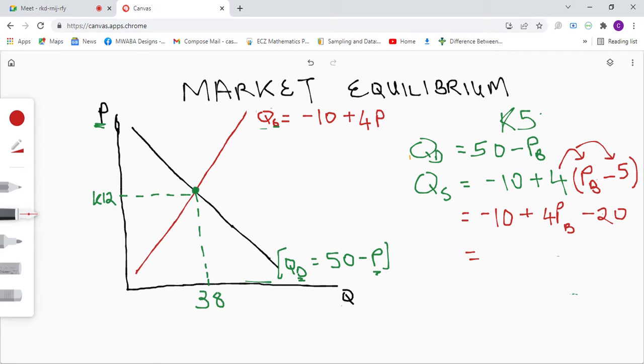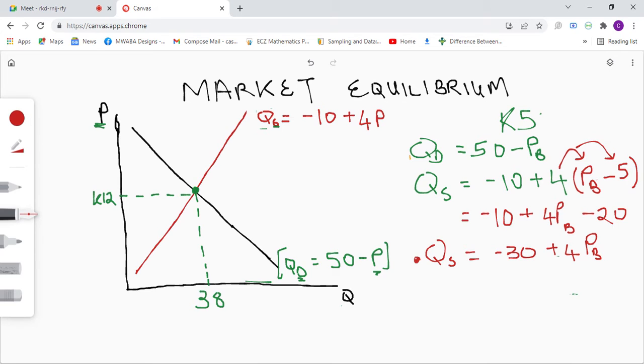Negative 10 minus 20, we get negative 30 plus 4PB. This is our new supply function, our new QS.